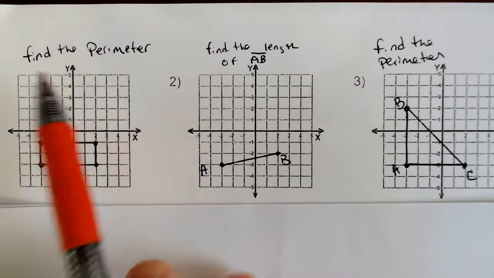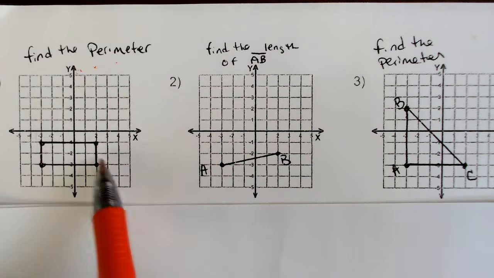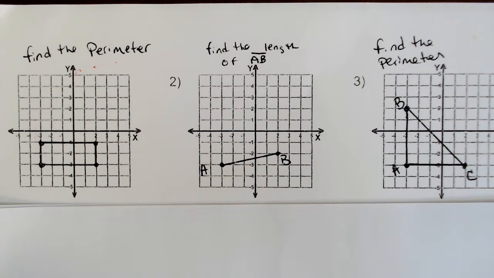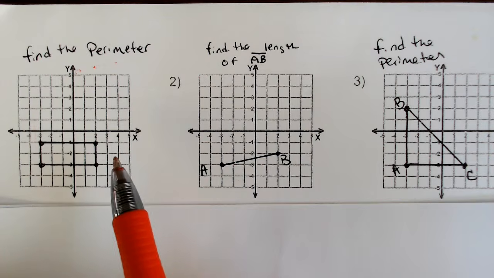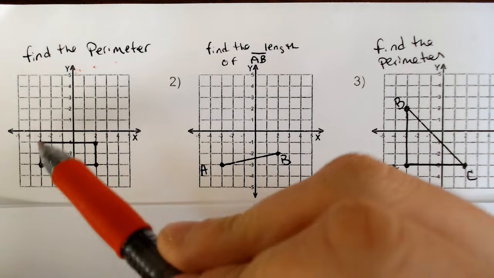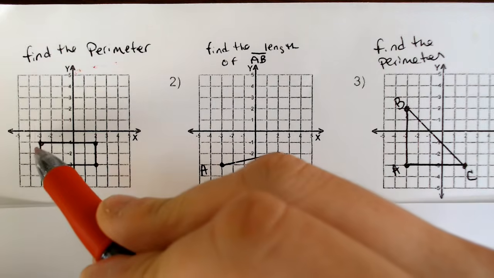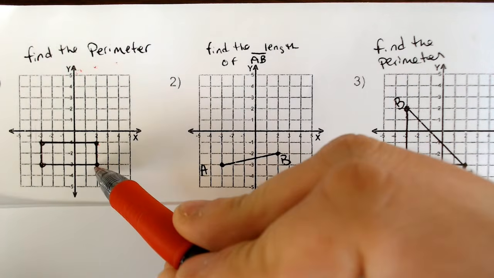For starters, you need to know that the perimeter is adding up all the outside edges. And normally there is a formula that just isn't worth your time. It's better to just add up every single edge. And if it's on the coordinate plane, you better hope that it's going straight across like this one is, because then you could just add 1, 2, and then the other side 3, 4.